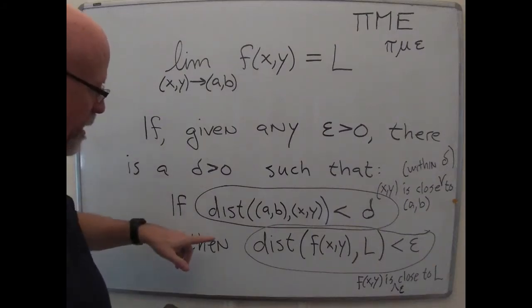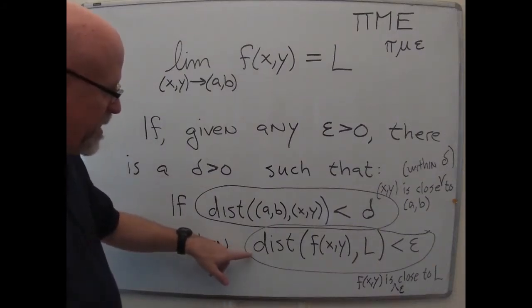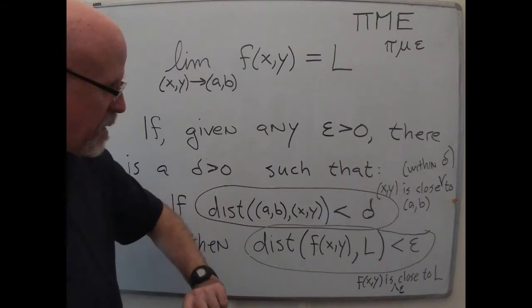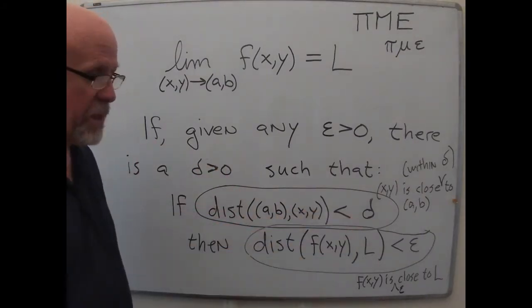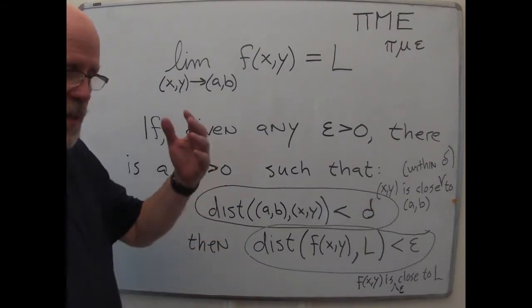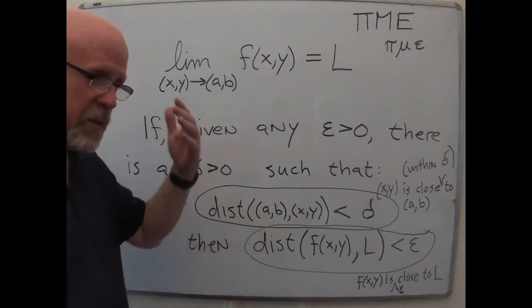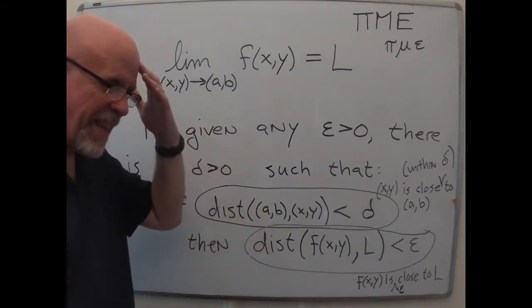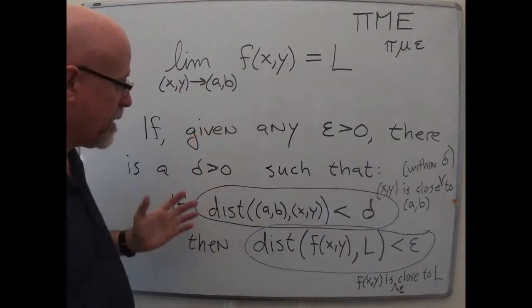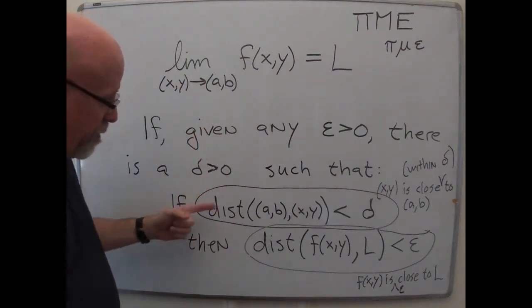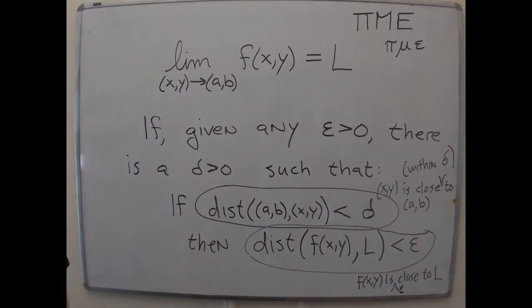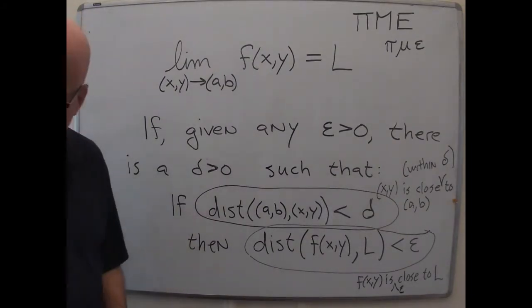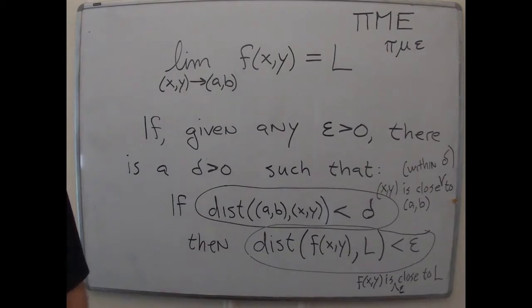They say the distance of f of xy from L is less than epsilon whenever the distance of AB and xy is less than delta, which I suppose is okay, but it tends to make people not recognize that this is an implication, a directed if-then sentence.